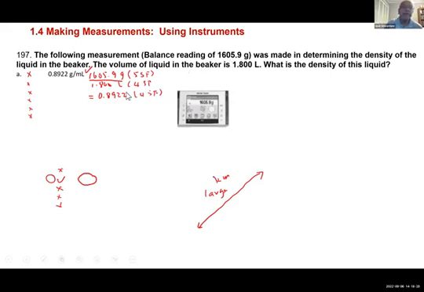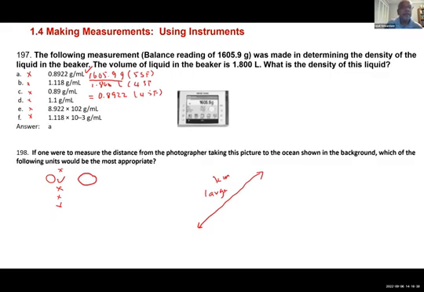Therefore, the number should be rounded off to 4 significant digits. So the answer is A. Did you see how I got A? A is the correct answer.